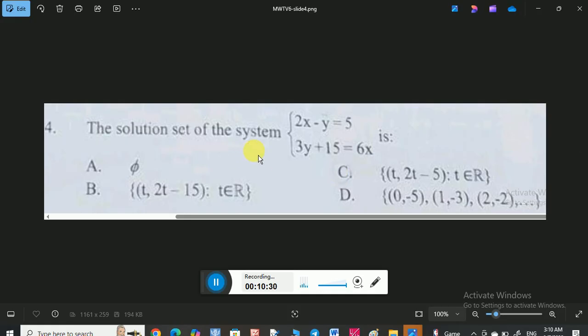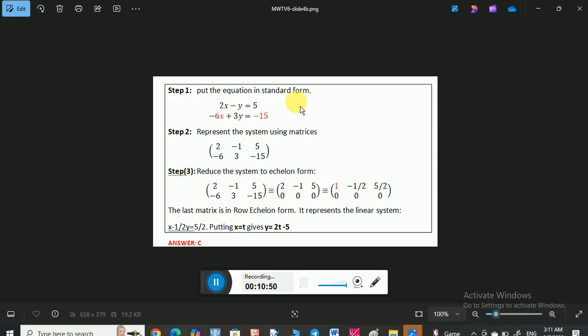The solution set of this system of equations is what? When we solve any system of linear equations, whether it has 2 variables or 3 variables or whatever, let us see the steps which we should follow. Step 1, put the equations in standard form.